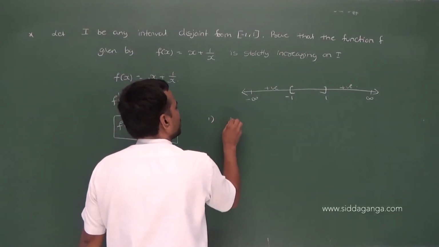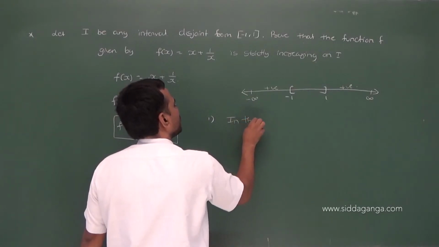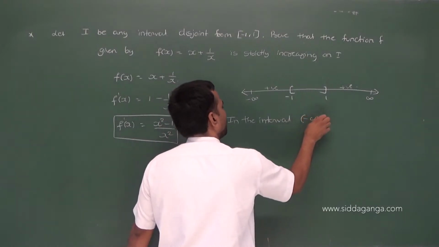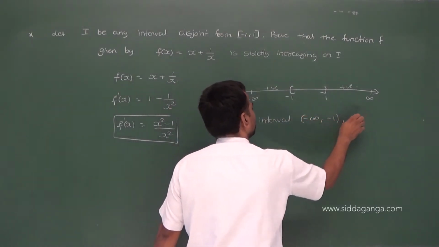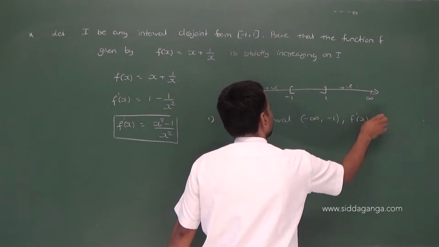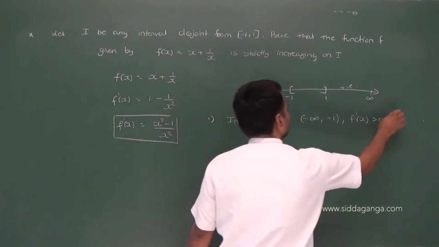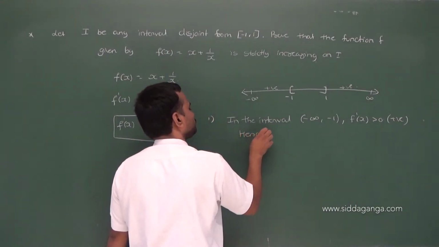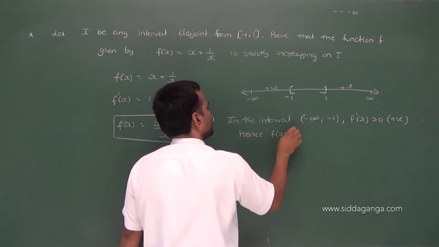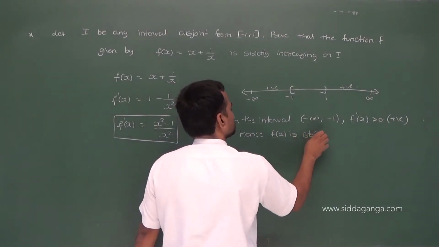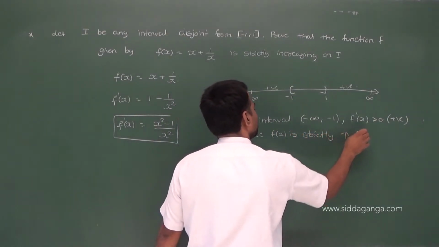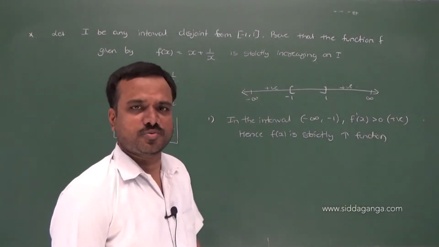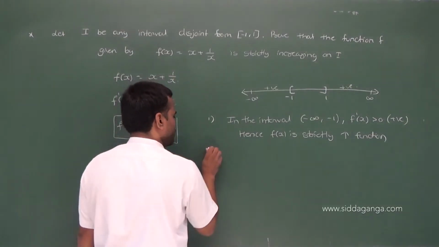First one. In the interval minus infinity to -1, f dash of x is greater than 0, positive. Hence f of x is a strictly increasing function.